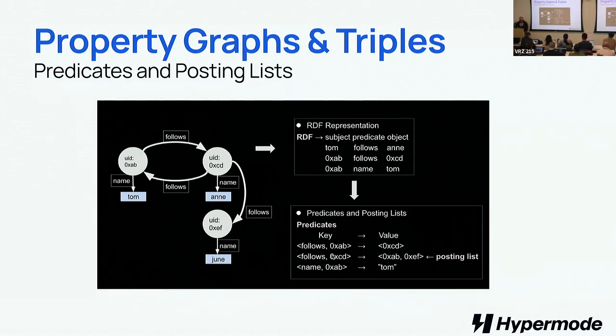But there's an important thing to note here: that's a fast lookup in one direction, right? So I can go from Anne to any of the nodes that she's connected to without hitting an index, just following the offsets on disk. But I can't go from any of the nodes that Anne is connected to, let's say from June back to Anne, unless I reverse this posting list.